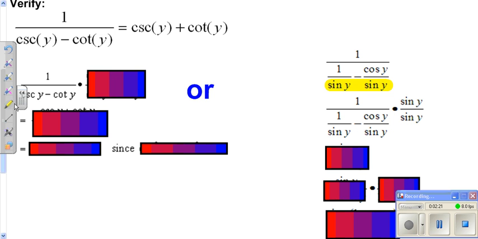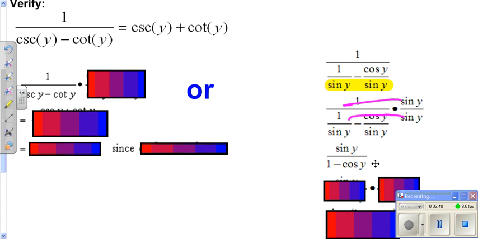So when you multiply the top by sine, you just get sine. Then you're going to want to multiply the bottom by sine. You're going to take your sine times the first fraction. Well, that's going to undo the dividing by sine, so we just get 1. And then the sine here times the cosine over sine, the sines drop, leaving you with a cosine.